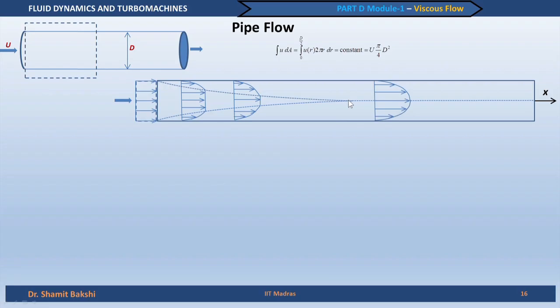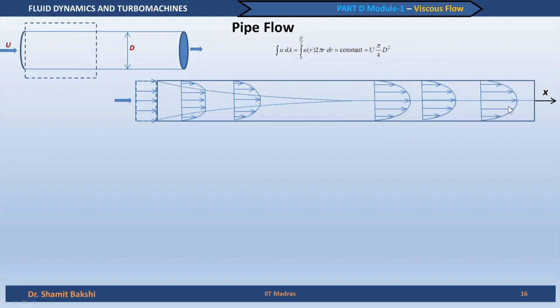After travelling a certain distance from the merging of the boundary layers, we get a velocity profile which eventually does not change as it travels along the x direction. So at a downstream location, the velocity profile will not change any further.